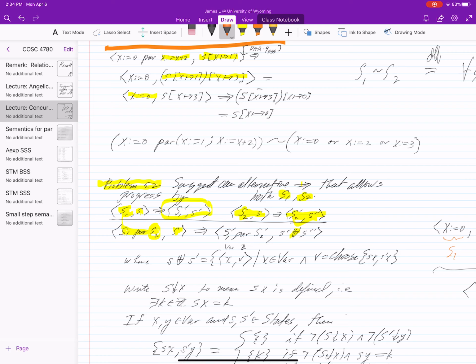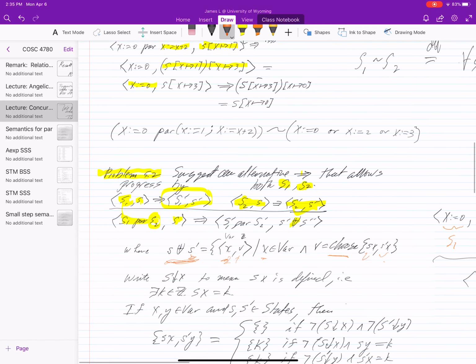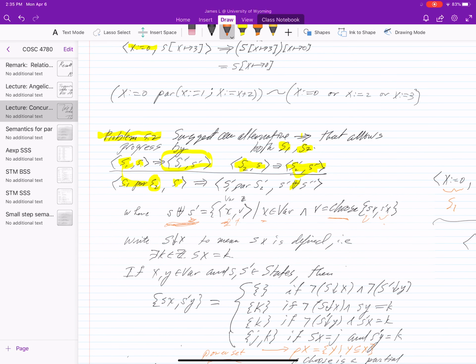Well, I said, okay, look here, S union S prime is choose variables X, and then let the value that goes with that be the result of applying S to X and applying S prime to X. And so then choose would non-deterministically choose the thing.